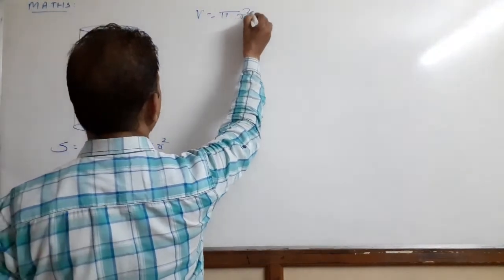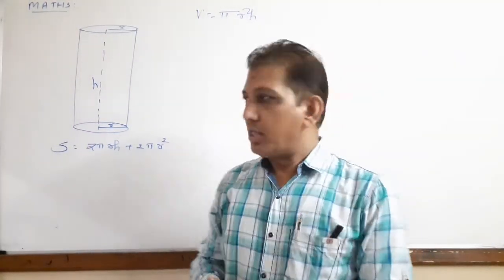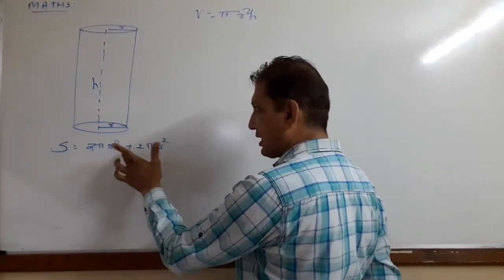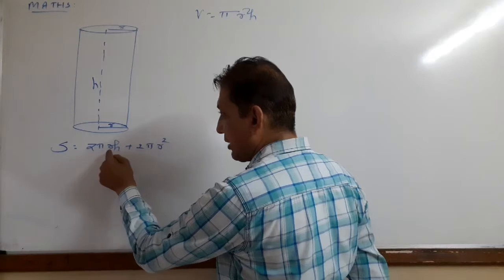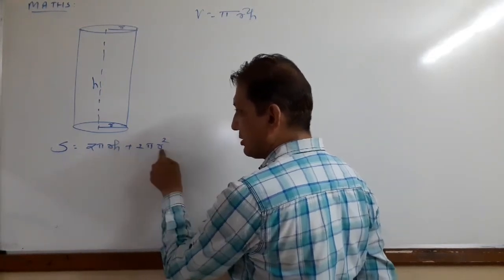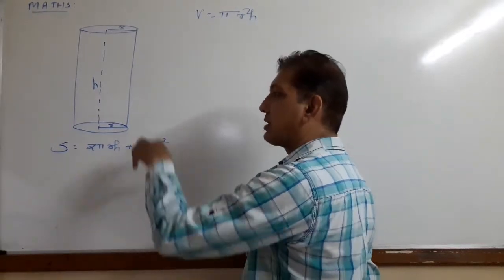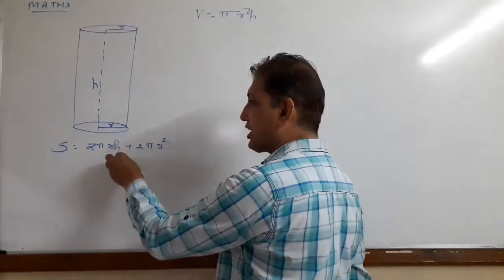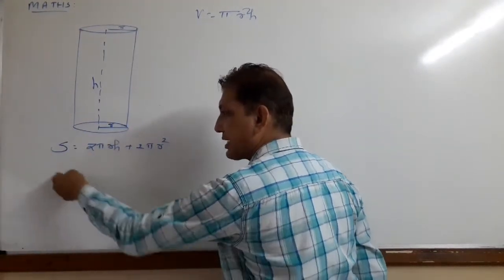The volume is pi r square h. The volume of the cylinder is maximum. Now you can make r the subject, or h. If r is the subject, r appears in two places, 2 pi rh and 2 pi r square, so it is not possible to make r the subject. So we easily make h the subject. 2 pi r square goes to the left side and 2 pi r is the denominator.